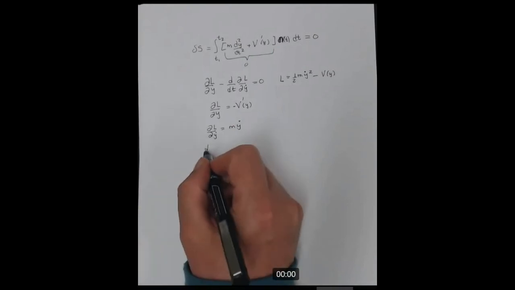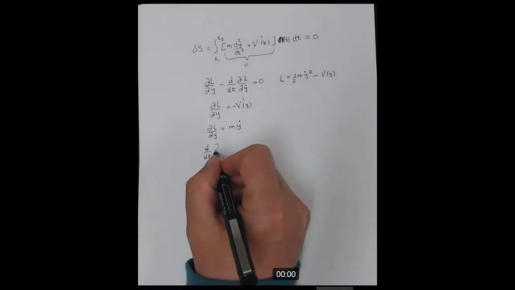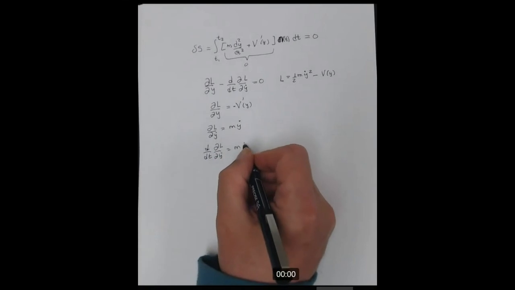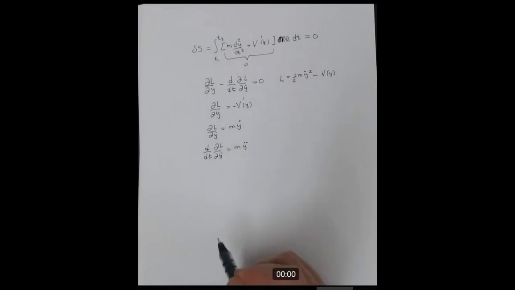And then if I take the derivative with respect to time of that, that's m y double dot, which is the acceleration.